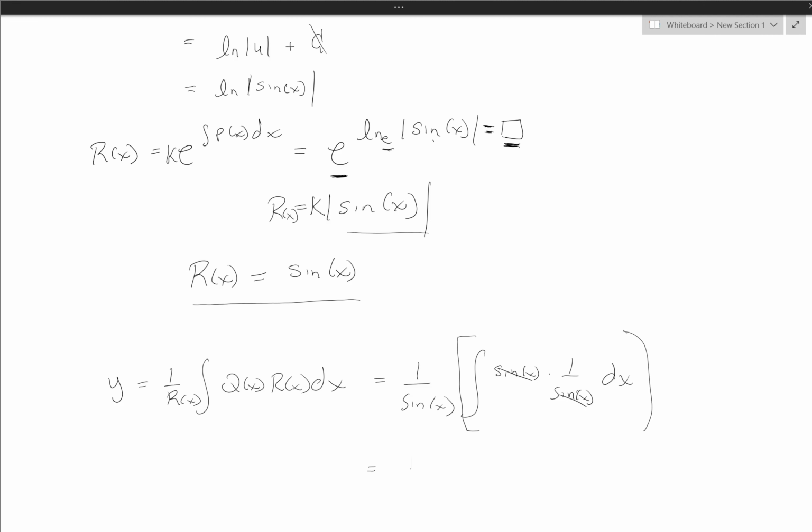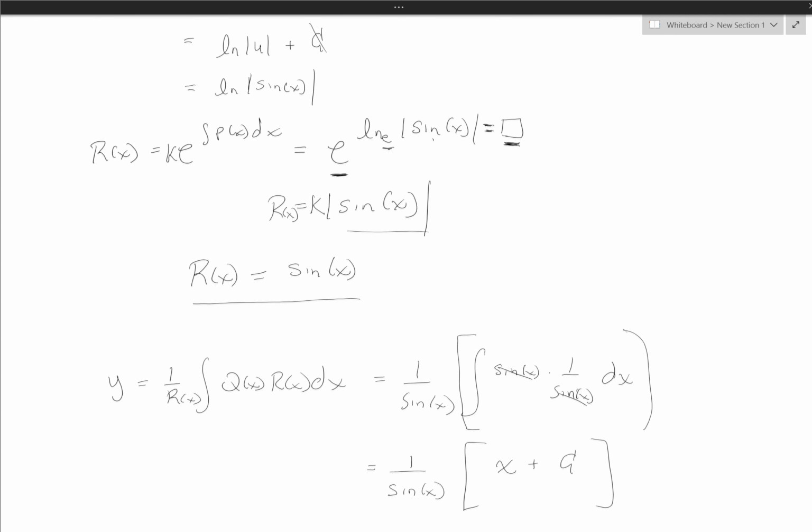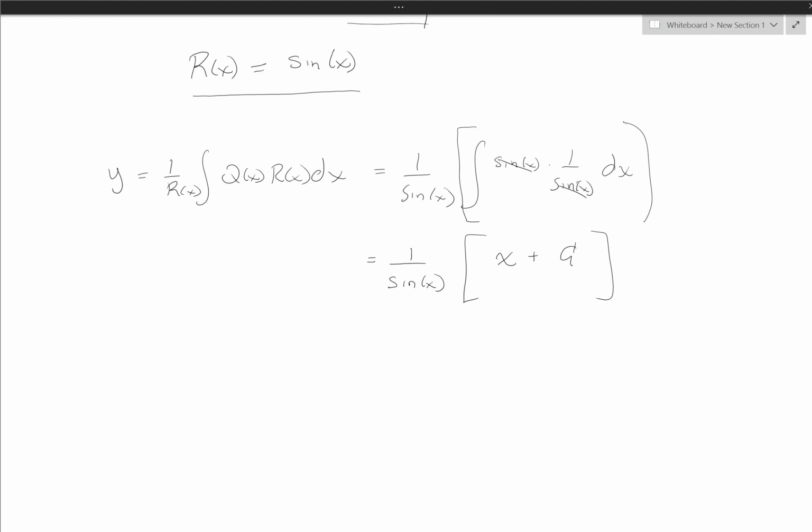Well, that's simply, okay, keep the 1 over sine x here. It's just x plus c. Okay, so if you want to group it together, you can leave it like that, or you can say y sine x is equal to x plus c. And that is your solution to the differential equation.